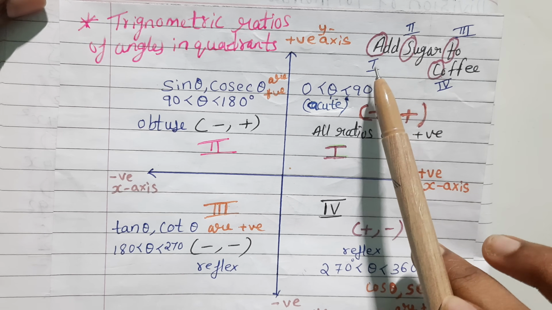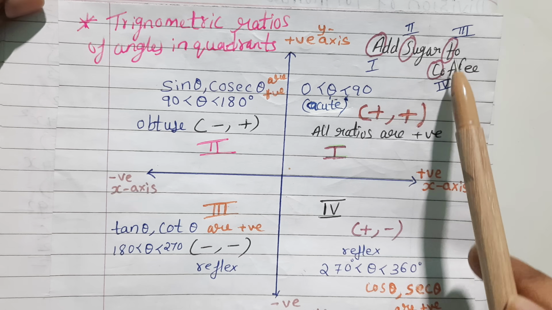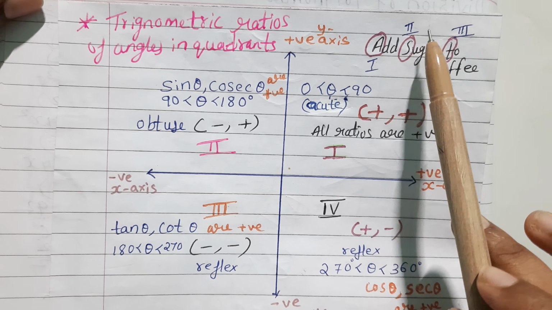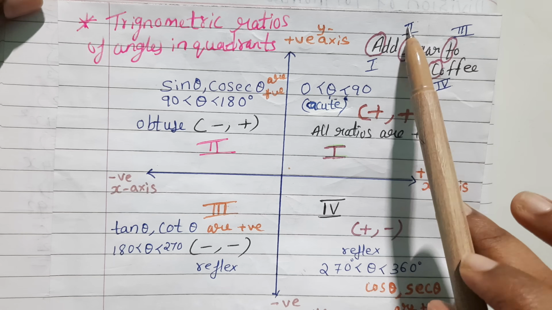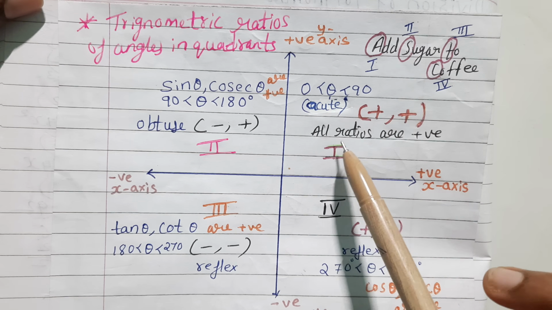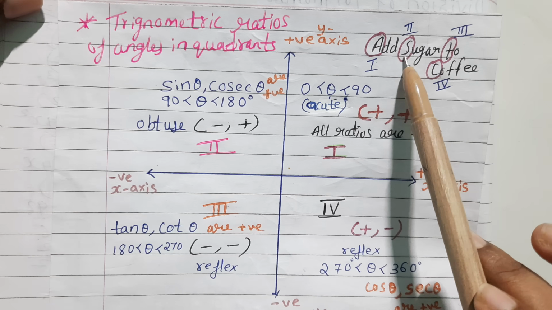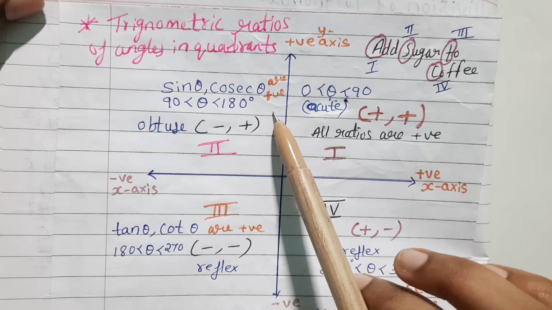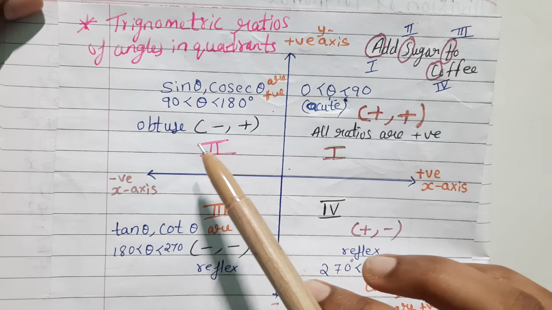So there is quadrant 1, add sugar to coffee. This is a very simple rule. This will be the first one, A. Then S is the second one. For A, all ratios are positive. For S, sin theta and cosec theta are positive, and the rest are negative.